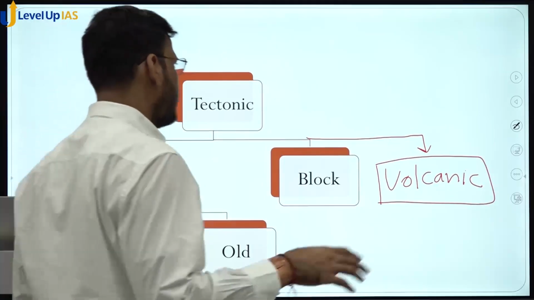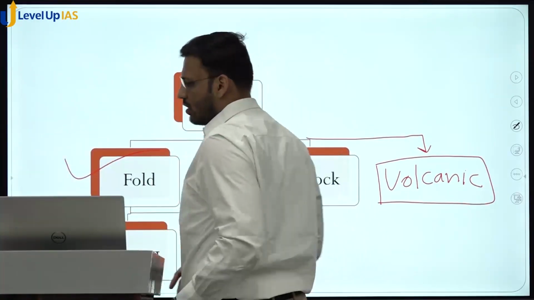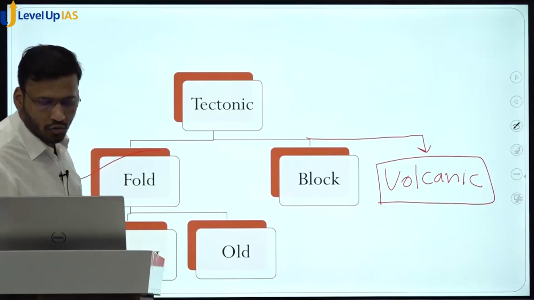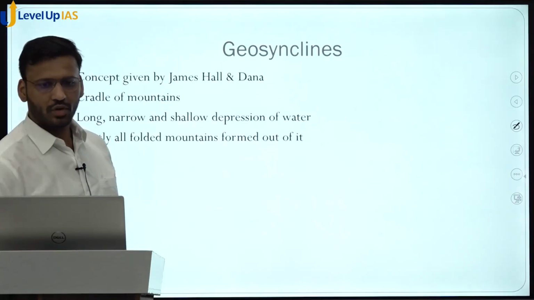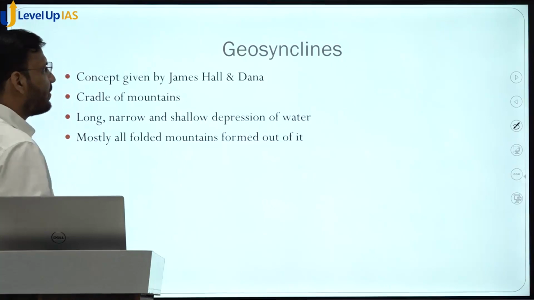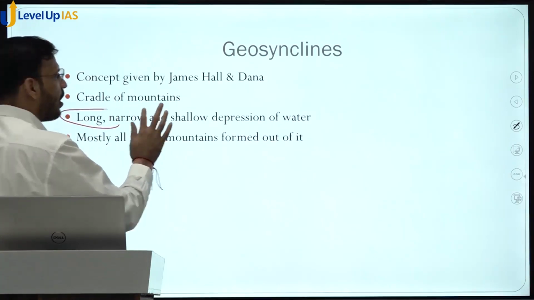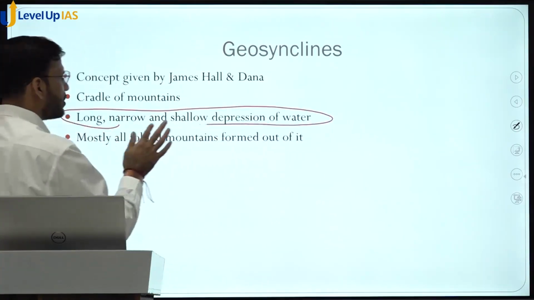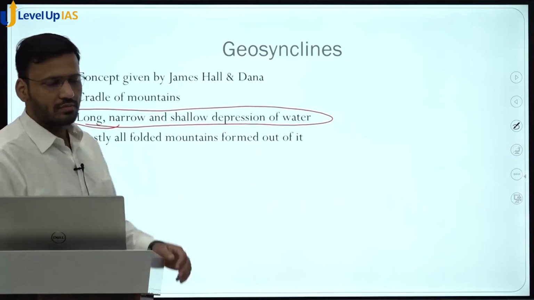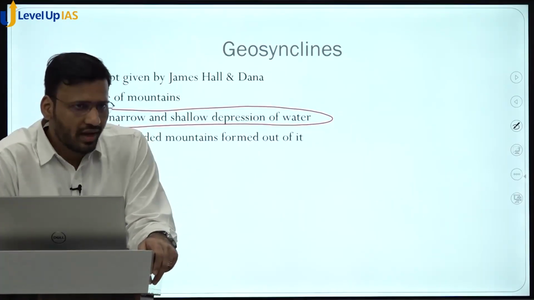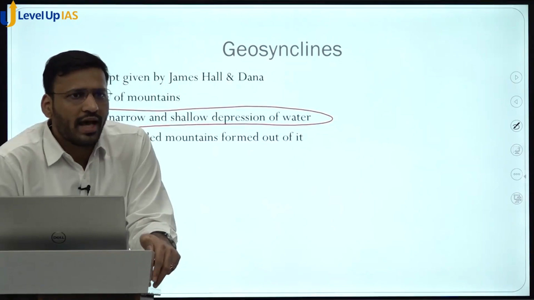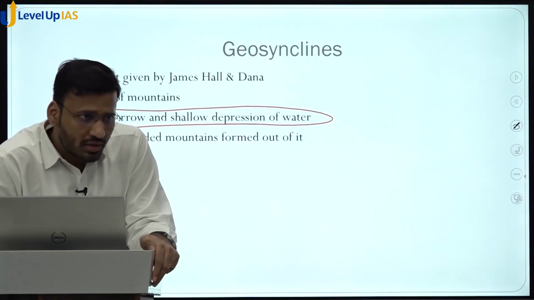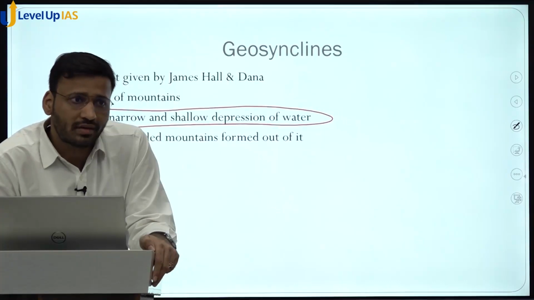These geosynclines are called the cradles of fold mountain. So fold mountains are born out of geosynclines. How can you define the geosynclines? They are long, narrow and shallow depressions of water. This is one way to define the geosyncline. Another is a huge, long, narrow depression on the surface of the earth. That also we can call a geosyncline.